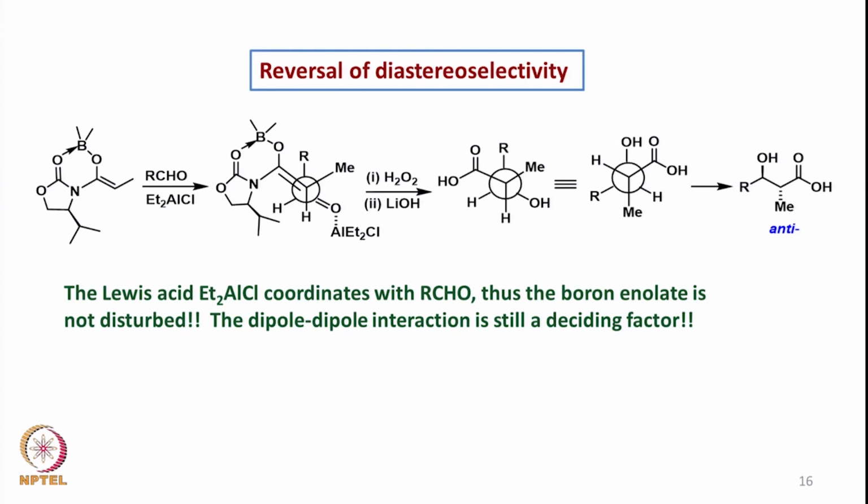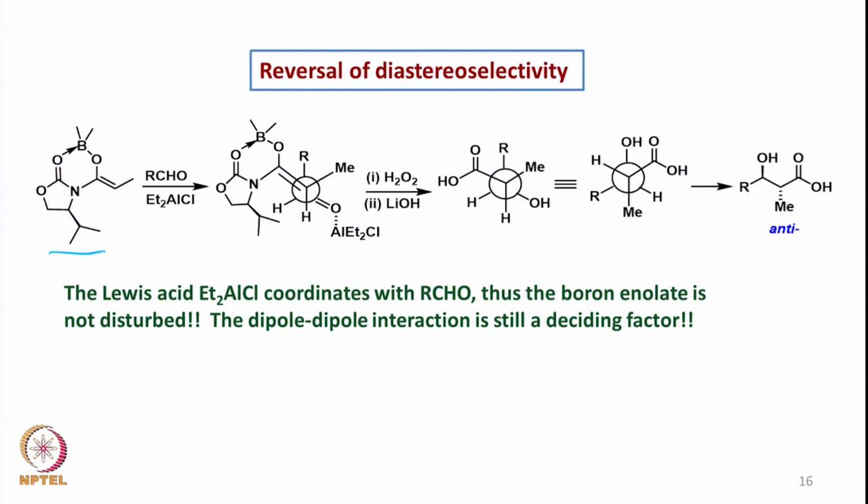Now how do we get the anti-aldol? If we have to get the anti-aldol, how do we get it? What has been done is that we start with, for example, this type of boron enolate and react with aldehyde.